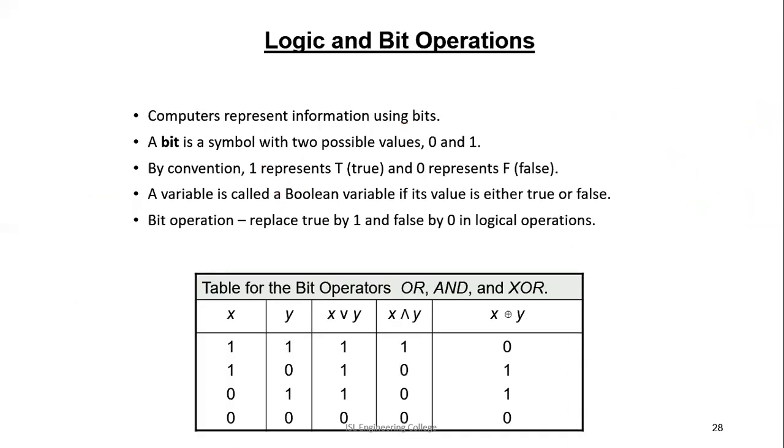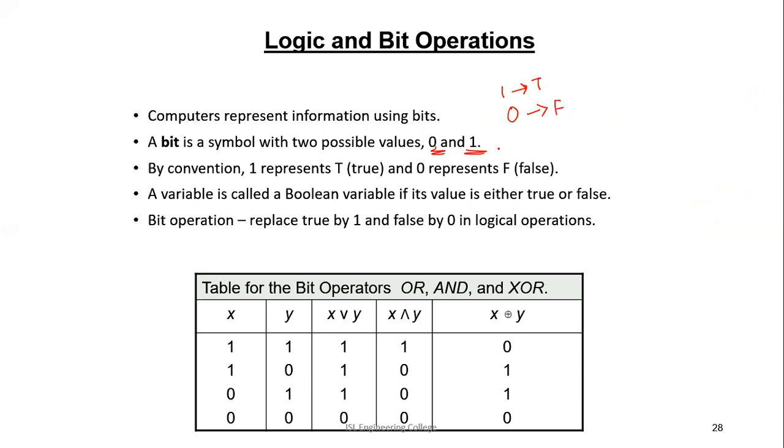Okay. Now the next thing: logic and bit operations. Computers usually use binary numbers, and binary numbers are composed of bits, and a bit basically has two values, which can be 0 or 1. Normally whenever we say 1 it means true, and whenever we say 0 it means false.